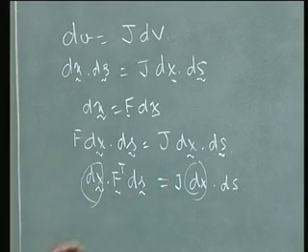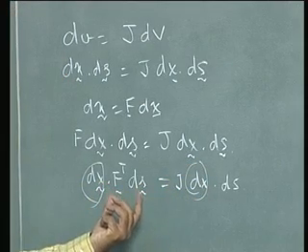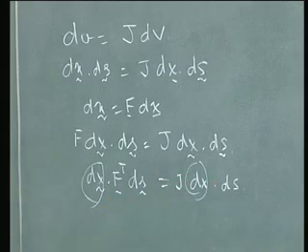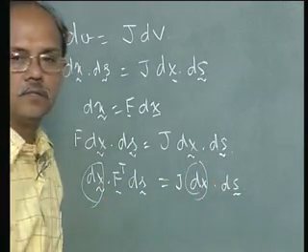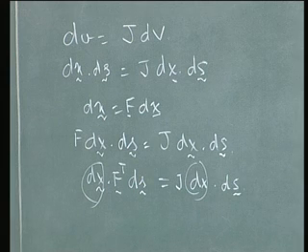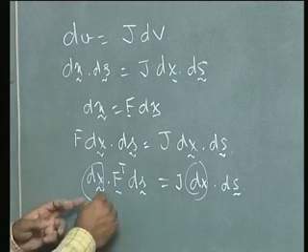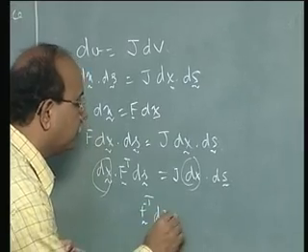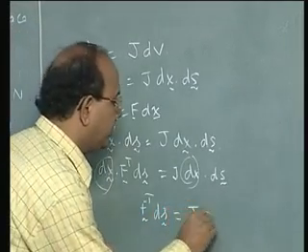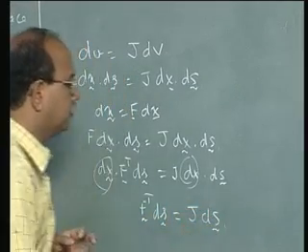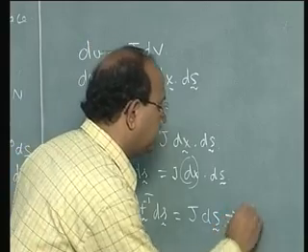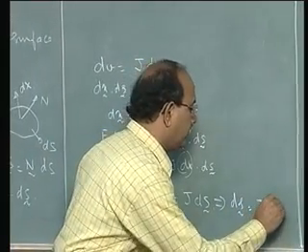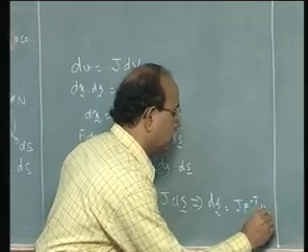Obviously then what is to the right of this dot product should be equal to J times dS, of course this is a vector. So from this it is clear that F transpose ds should be equal to J dS, which implies that ds is equal to J F inverse transpose dS.